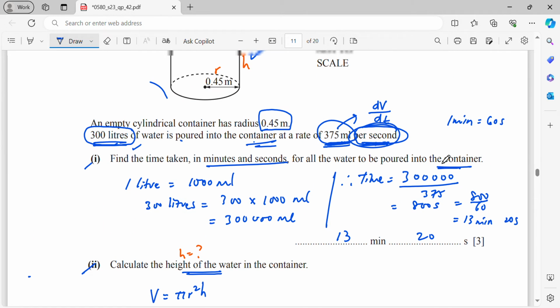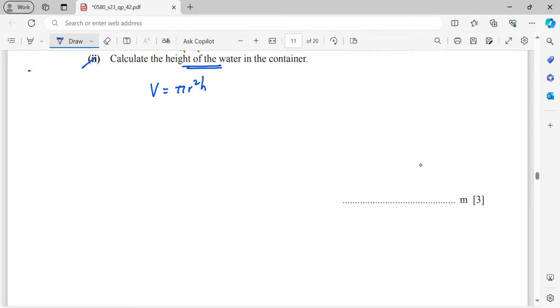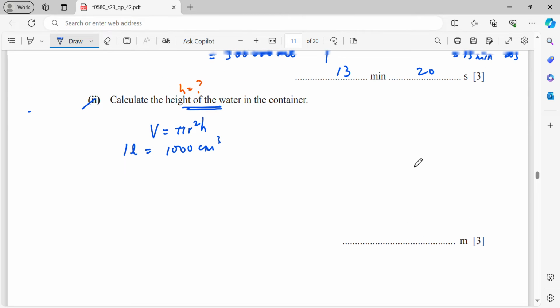Then from here, I know that V equals pi r square h. So now my V is, because this is in meters, right? So I need to find my volume in meters. So I know that 1 liter equals 1000 centimeter cube. Alright, so now when you change the centimeter cube to meters, 1 meter is 100 centimeter.